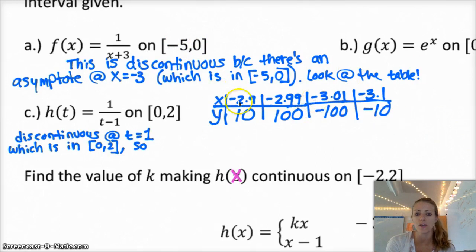And if you wanted to, you can look at that table. I just plugged in numbers that are close to -3, so -2.9, -2.99, -3.01, -3.1, and I find that the numbers jump drastically large amounts. So it's from 10 to 100 to -100 to -10, which is a good indication that it's discontinuous as well.